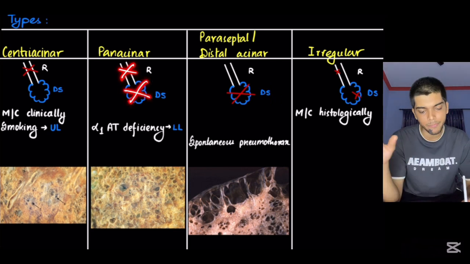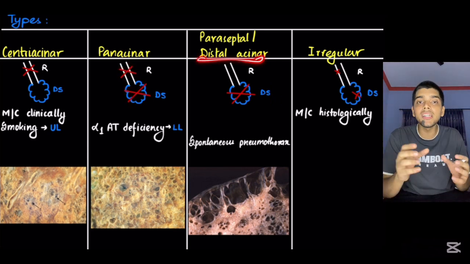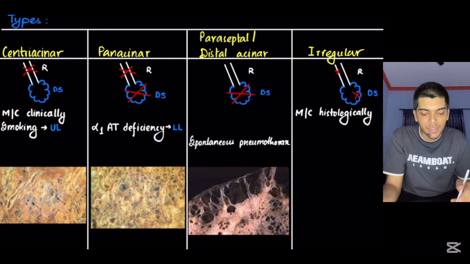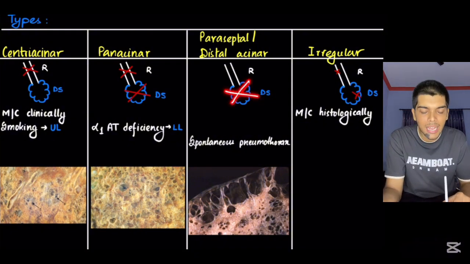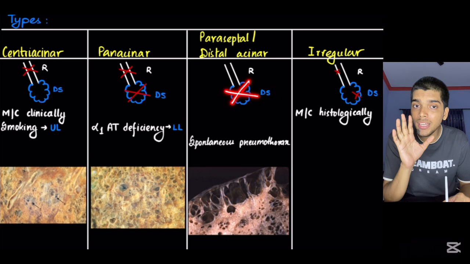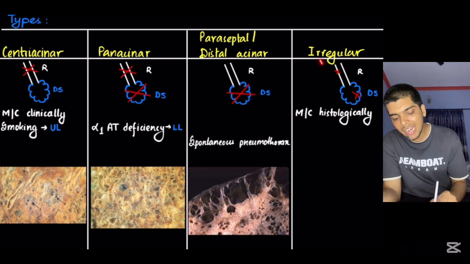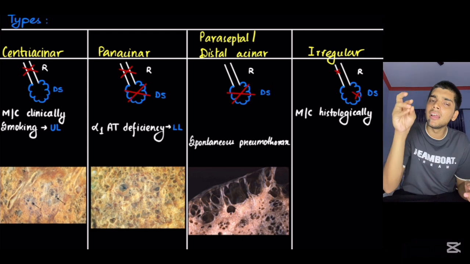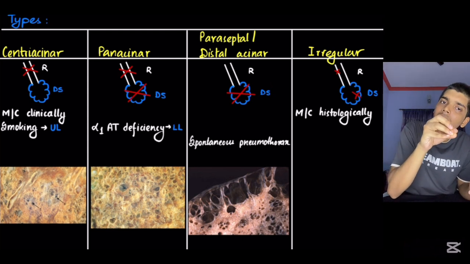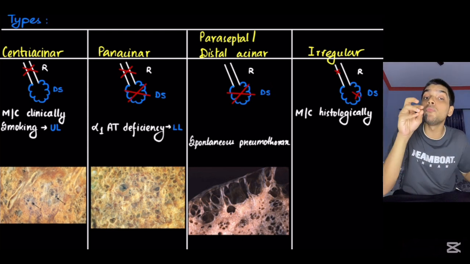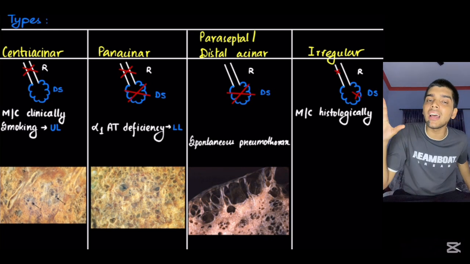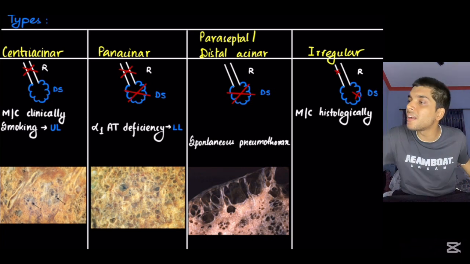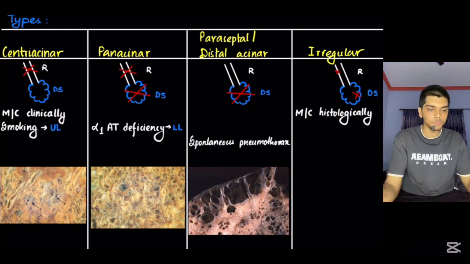Distal acinar means the distal part of the acinus is affected, that is, the alveolar duct and sac are affected. The respiratory bronchiole is spared. Irregular emphysema means there is irregular involvement. Somewhere the alveolar duct and sac are involved, somewhere the respiratory bronchiole is involved.